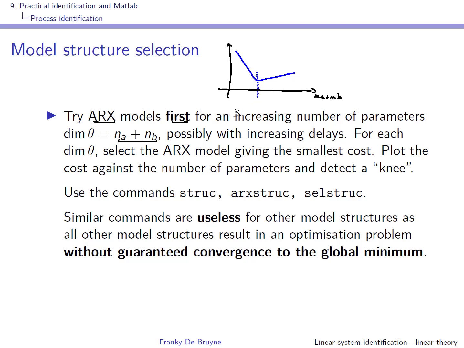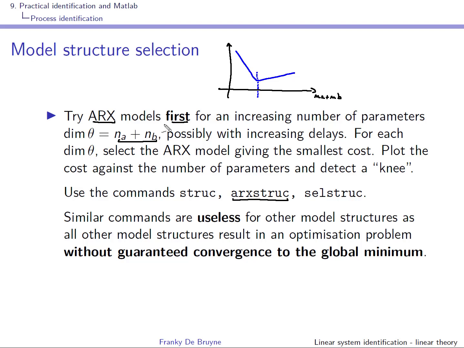There is a Matlab command that will help you, well, several, but the most important one is ARX struct. The idea is that you can identify a whole lot of ARX model structures, for instance with A ranging from 1 to 5 and B ranging from 1 to 5. This is possible because underlying the estimation of an ARX model you have a least squares problem.